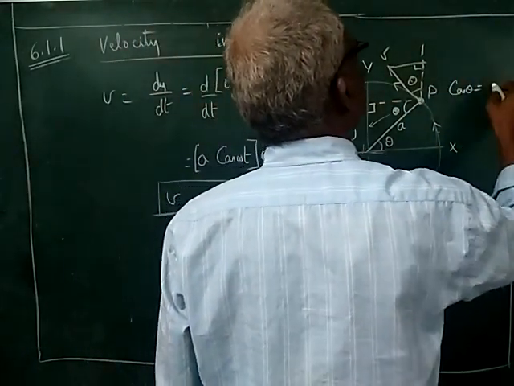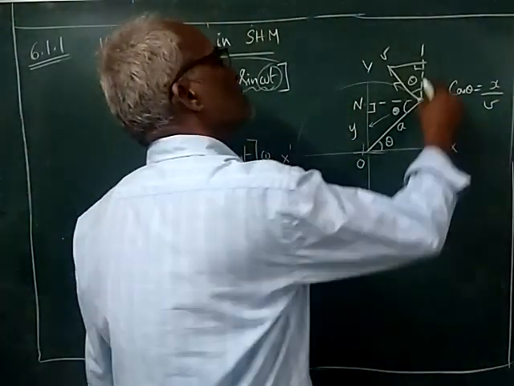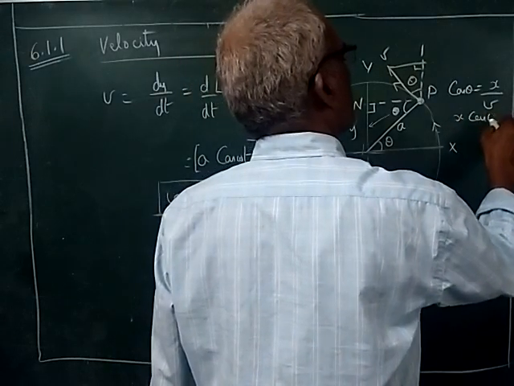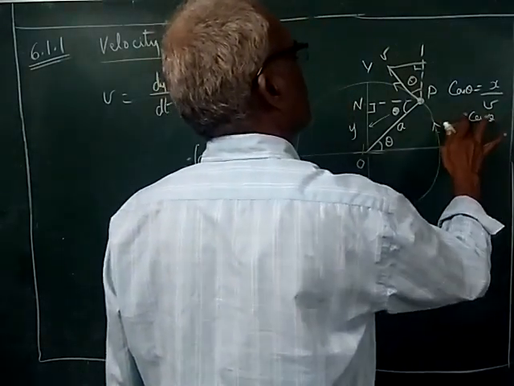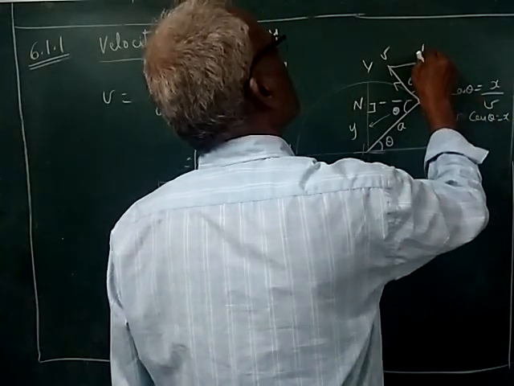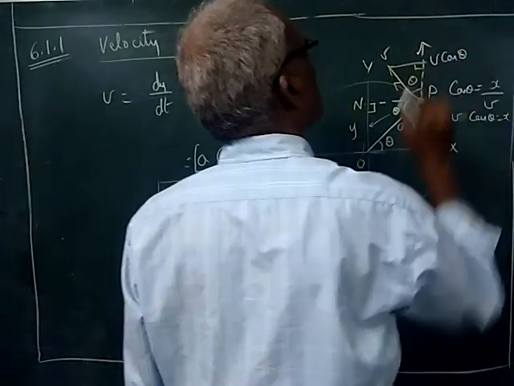I don't know this value, so I call it x, x by hypotenuse v. So v cos theta is equal to x. The component along this direction is v cos theta.